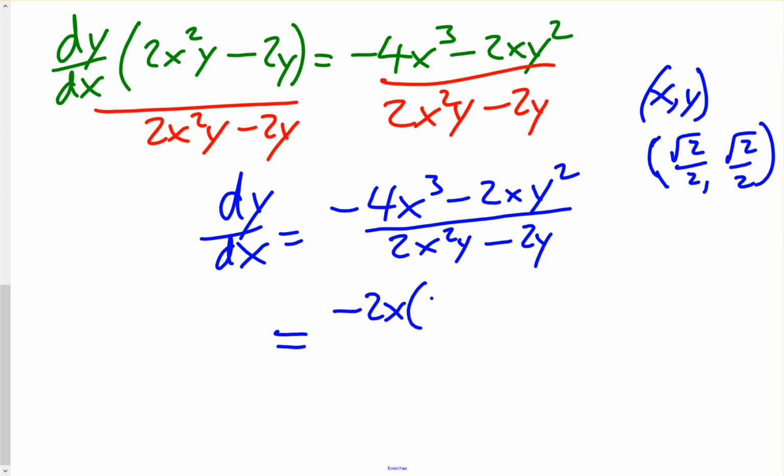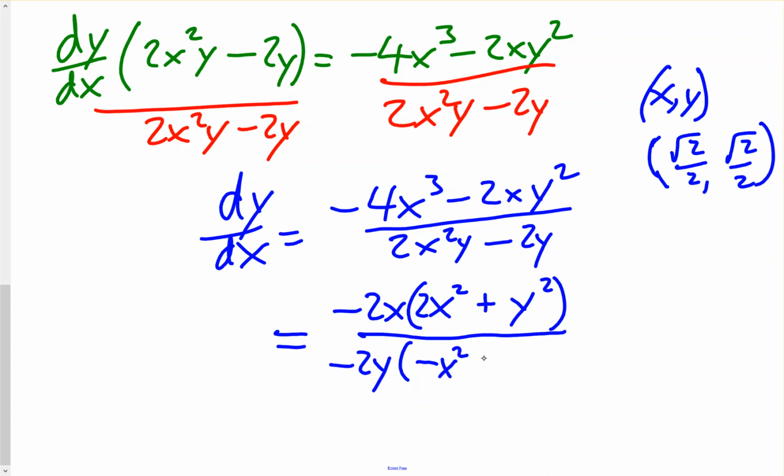Then we're left with 2x squared plus y squared. And for the bottom, we have a 2y and a 2y, so let's factor out a negative 2y. Then we have negative x squared plus 1.